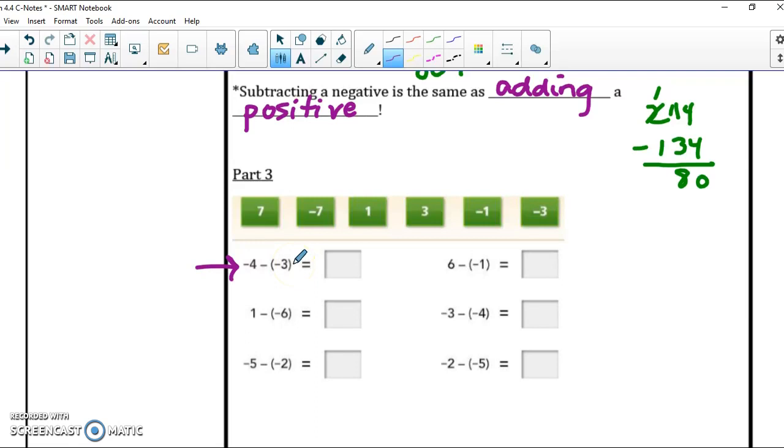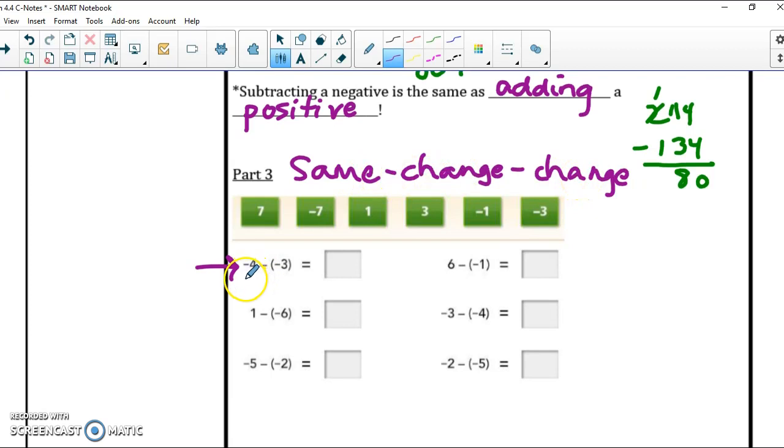Anytime I am subtracting negative numbers, I would always change it back to addition. I'm going to use a rule called same, change, change. And what that means is I'm going to keep the first number the same, and then I'm going to change the next 2 signs that I come to.